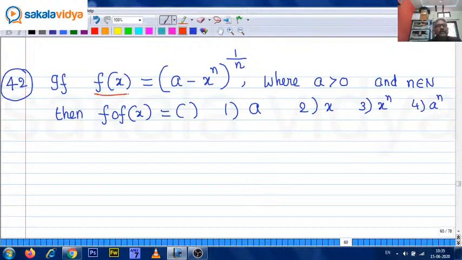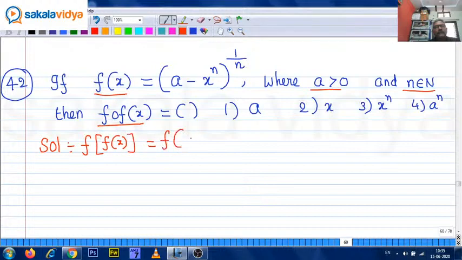f of x is defined by a minus x to the power of n whole to the power of 1 by n, where a greater than 0 and n belongs to natural numbers. We need to find out f circle f of x. That is f of a minus x to the power of n whole to the power of 1 by n.